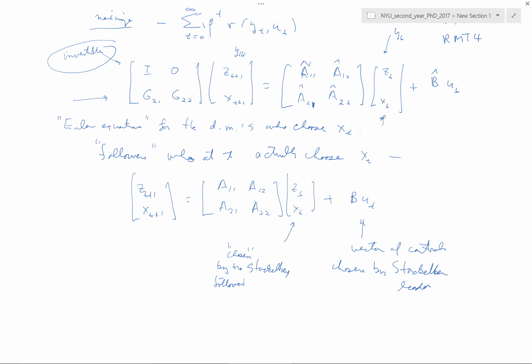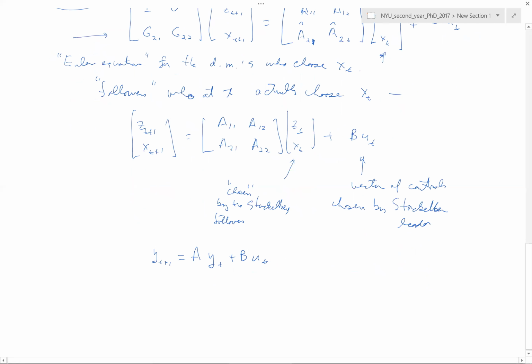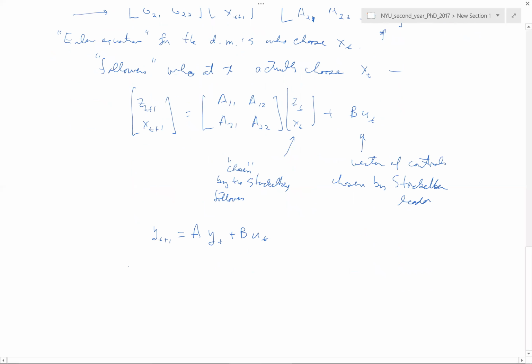So now I'm going to write this whole system as Y(t+1) equals A Y(t) plus B U(t), and my objective function is again beta to the t, with a minus here, R(Y(t), U(t)). And what's given is not Y0.